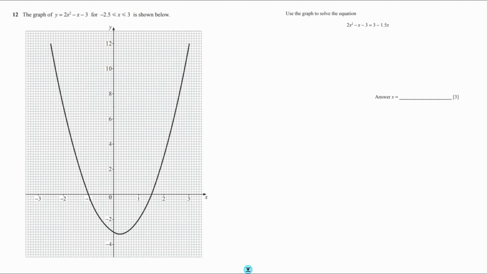Now, the question says, use the graph to solve the equation 2x squared minus x minus 3 equals 3 minus 1.5x. The point of this question is that this section of the equation, 2x squared minus x minus 3, is exactly the same as here.